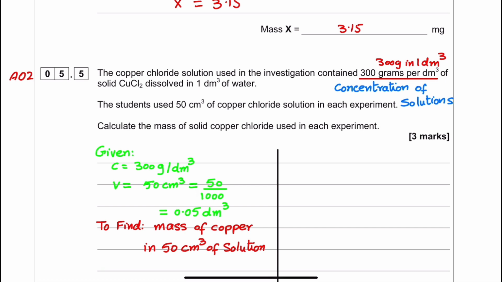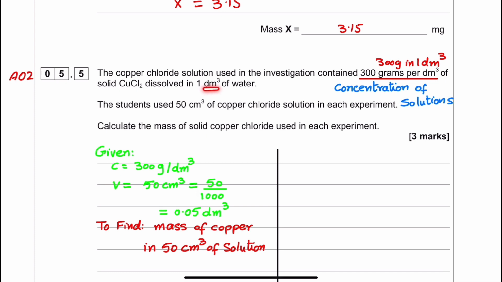So actually the question is that 300 grams of the solid copper chloride is dissolved in 1 dm cube of water. The student used 50 cm cube of copper chloride solution in each experiment.